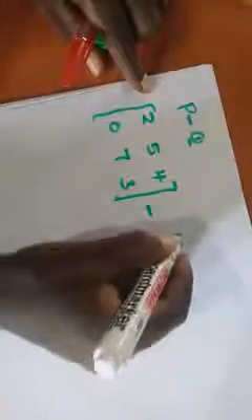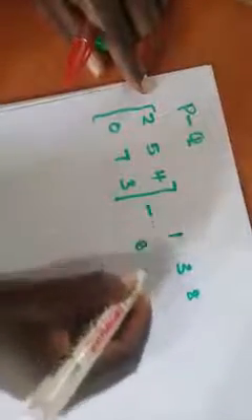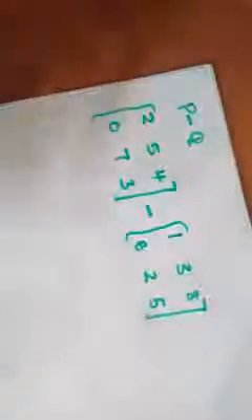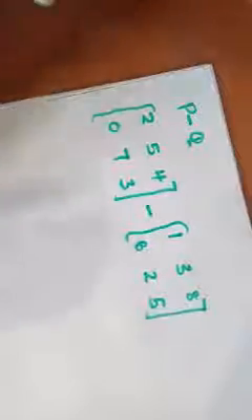We subtract matrix Q, which was 1, 3, 8, 6, 2, 5. Remember we said that the key factor here, the underlying statement, was that for us to add or subtract matrices, they must be of the same order.